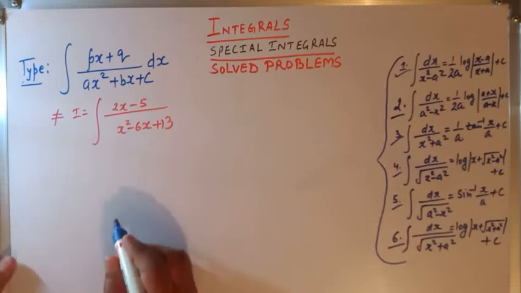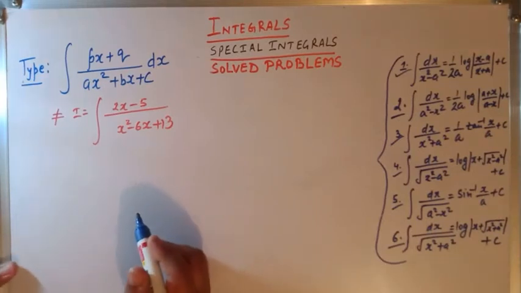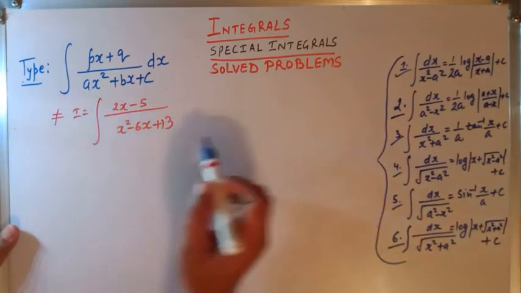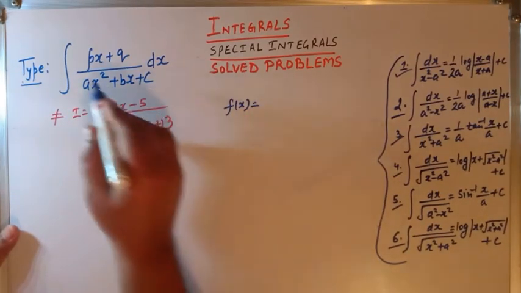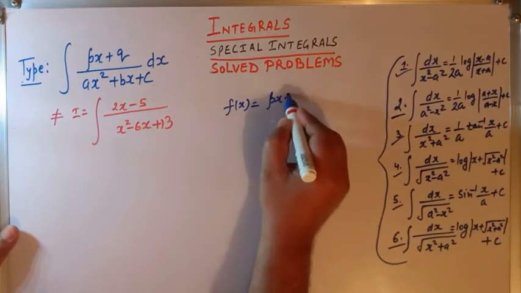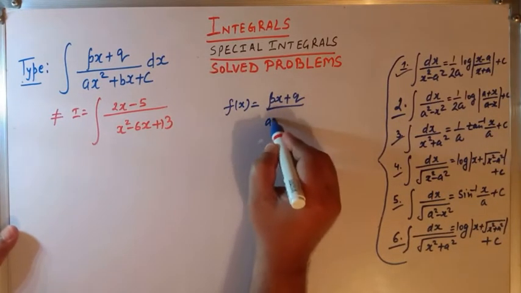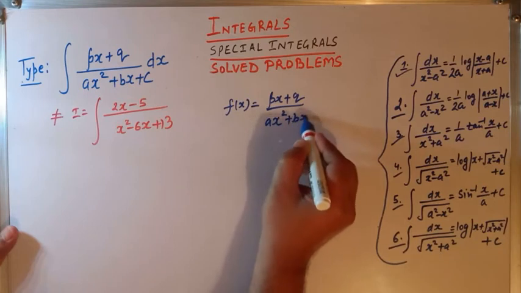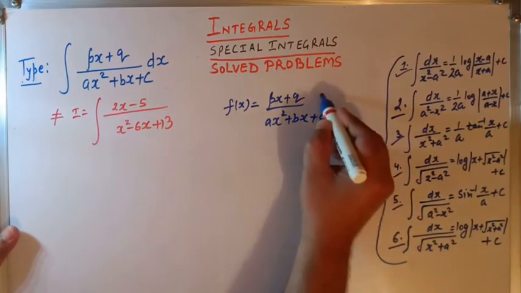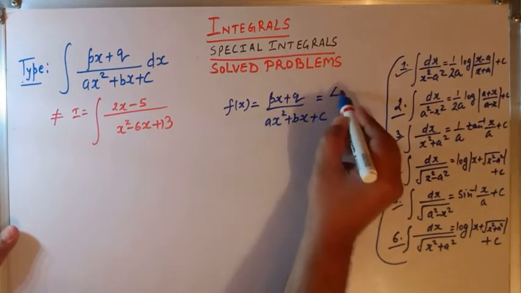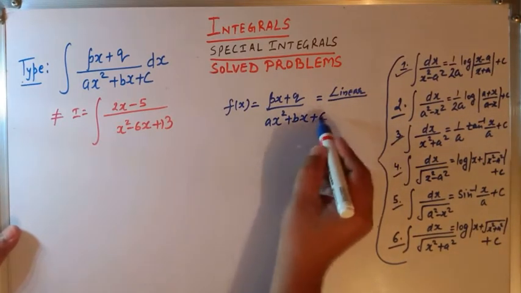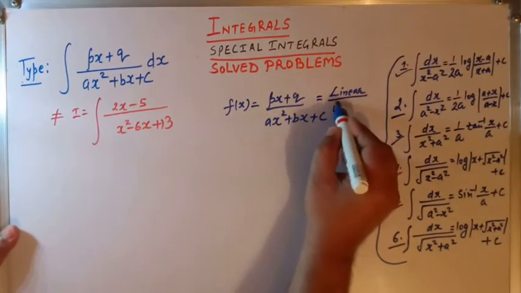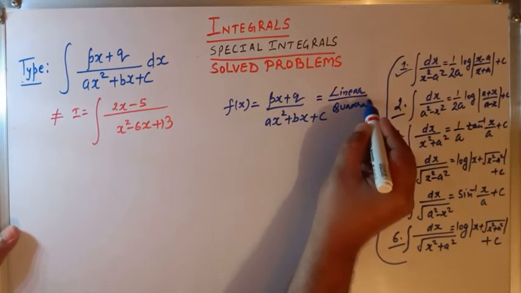Hello viewers, in today's lecture we are going to integrate functions like (px plus q) divided by (ax square plus bx plus c). Here the numerator is a linear polynomial while the denominator is a quadratic polynomial.